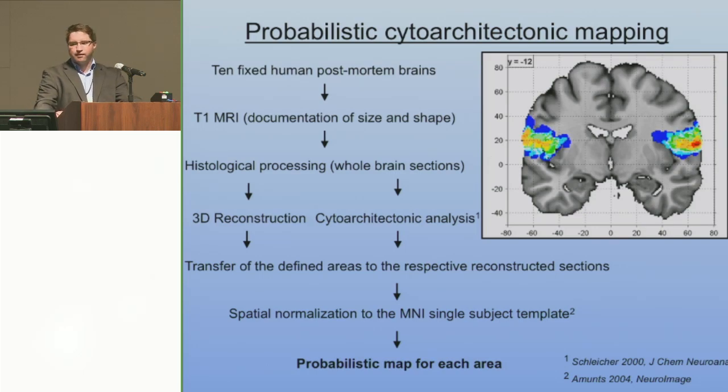So in that standard reference space, we now can compute probabilistic maps for each histologically defined area. And this bridges the gap between the post-mortem and the in vivo world. And this is not just another representation, another feature of brain organization in vivo imaging, but rather what's crucial is that we now do also have the bridge into anything else that can be done on the microscopic level.